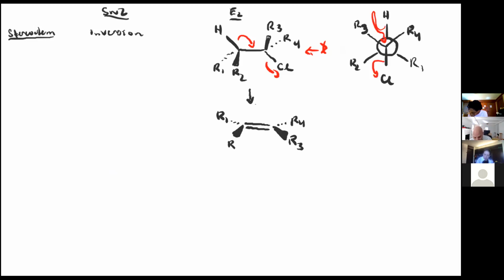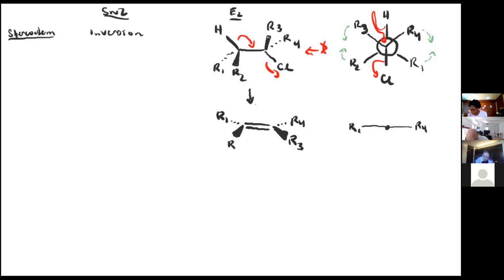And so what happens? R3 and R4 come down a little bit. R1 and R2 go up a little bit. And what I end up with is something like this. This is an alkene Newman projection, which we haven't really drawn, but we can do it for sure.